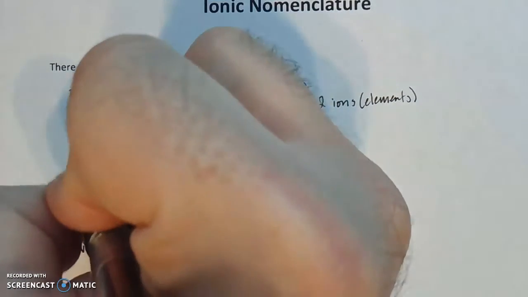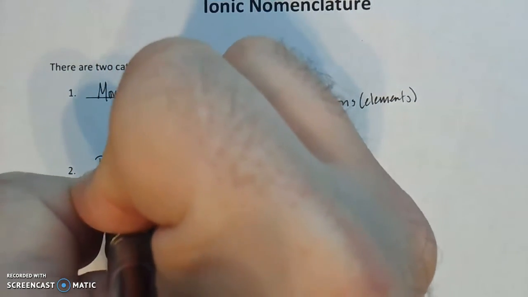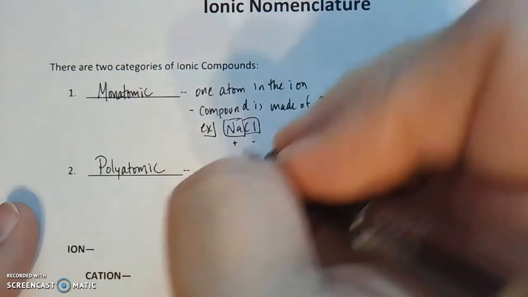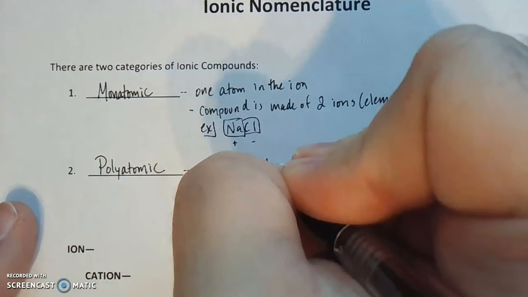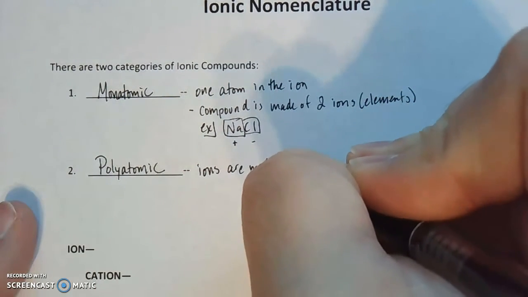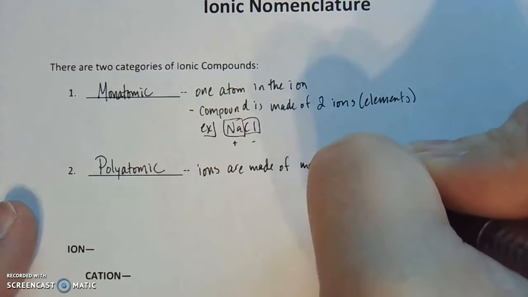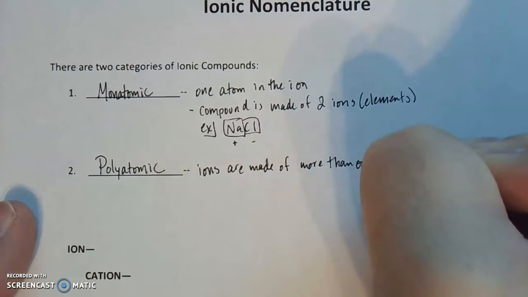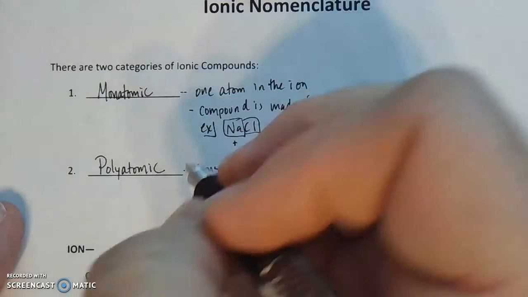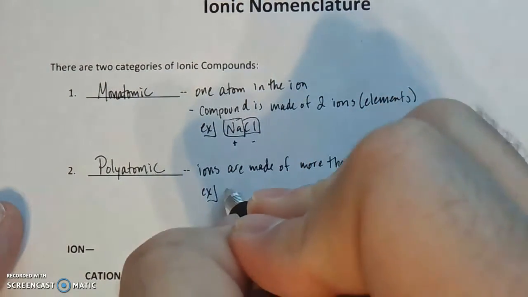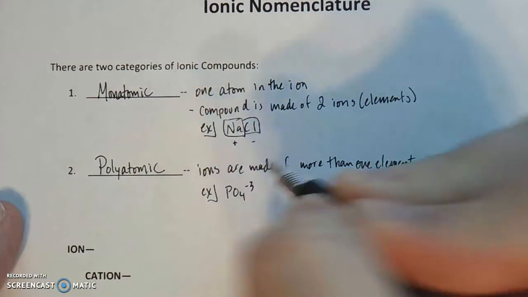The next one is called polyatomic. And here ions are made of more than one element. So an example of this would be something like PO4 3-.